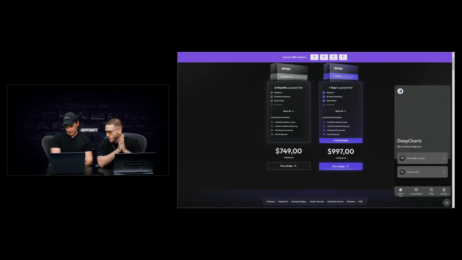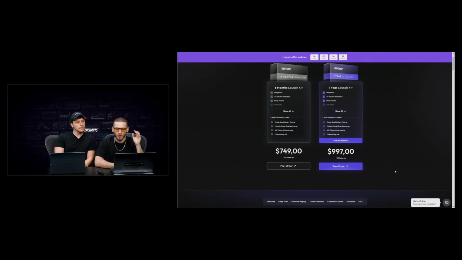Regarding the heat map, that's a good question. The heat map is going to be released very soon, but it's another platform. It's not all in one because it requires a specific set of technologies that are not matchable with Deepchart.